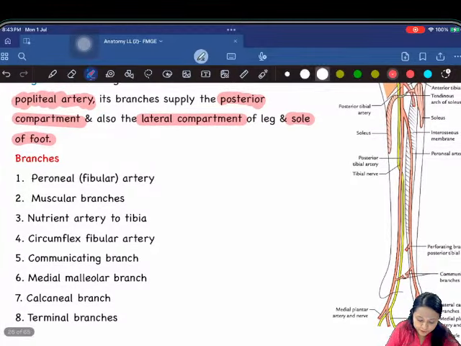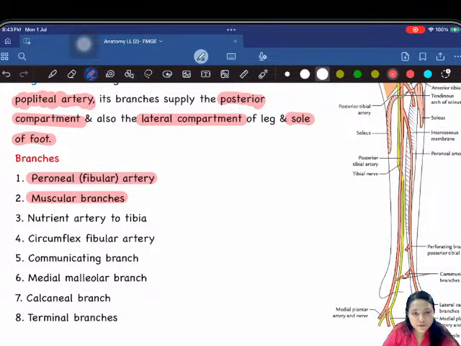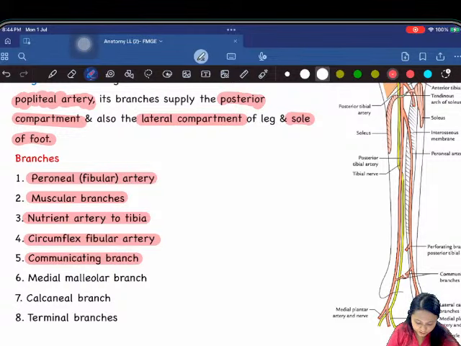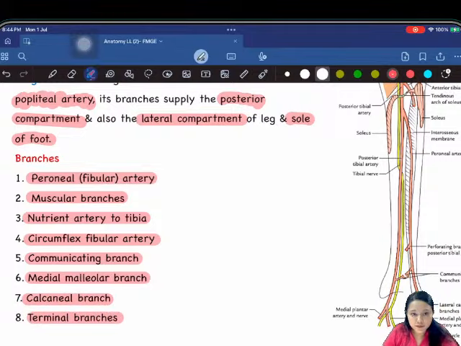So you have the peroneal artery. Okay, then you have the muscular branches which will be supplying the muscles. You have the nutrient artery of the tibia, the circumflex fibular artery, communicating branches, and then in the malleolus you will have the medial malleolar branch. In the calcaneum it will give the calcaneal branch, and then you will have the terminal branches. So these are the branches of the posterior tibial artery.